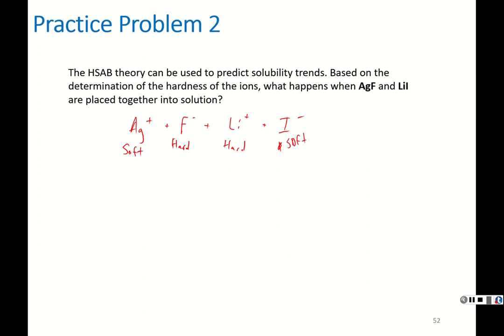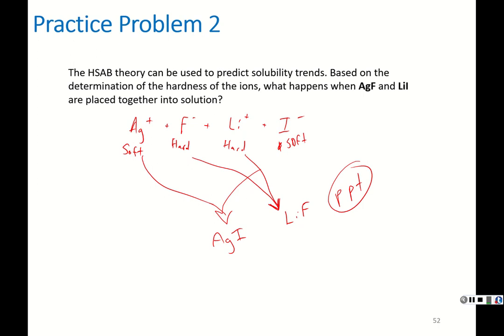What that means is our silver and iodine, since they're both soft, are going to preferentially bind together to form AgI. And the hard acid and hard base, lithium and fluoride, would combine together, form strong bonds that are harder to break, and ultimately create precipitates.